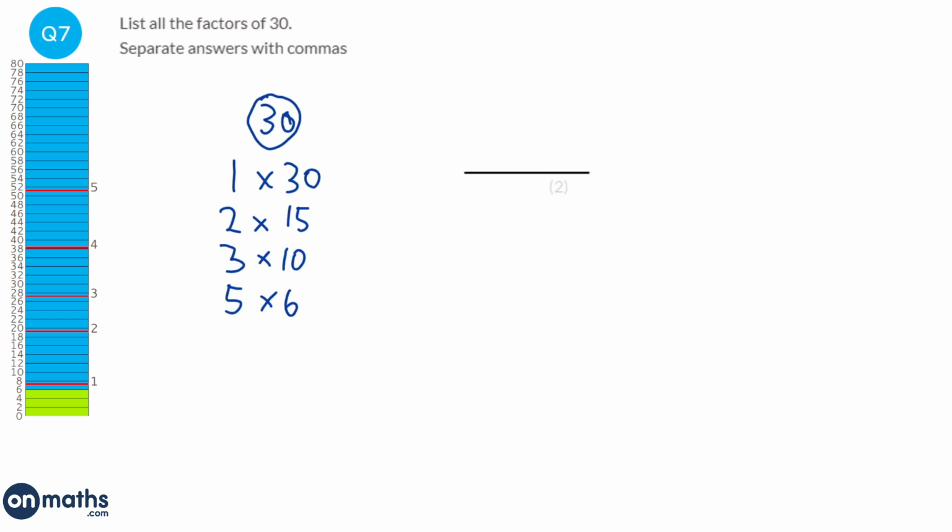So the factors are all the numbers that we've just written down, so it would be 1, 2, 3, 5, 6, 10, 15, and 30.